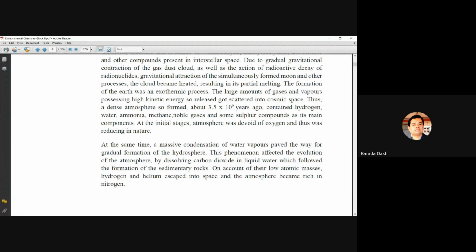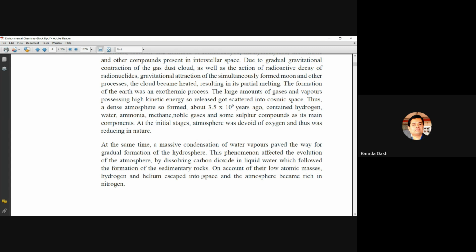Now we have oxygen in our atmosphere, so it is oxidizing: carbon is oxidized to carbon dioxide, sulfur to sulfur dioxide, nitrogen to nitrogen dioxide, because oxygen is there. But at that time there was no oxygen, only hydrogen, so it was reducing.